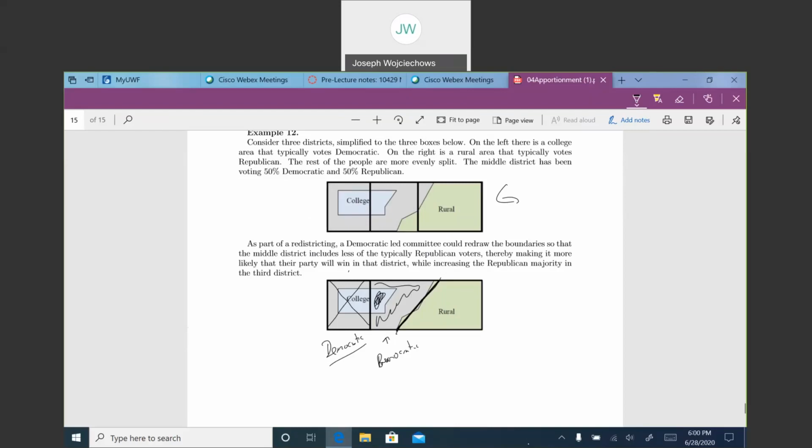They redraw districts every 10 years, just like the census. So essentially, it's who's in power in a state, and that party basically gets to draw the districts, and that's where it can be a problem.